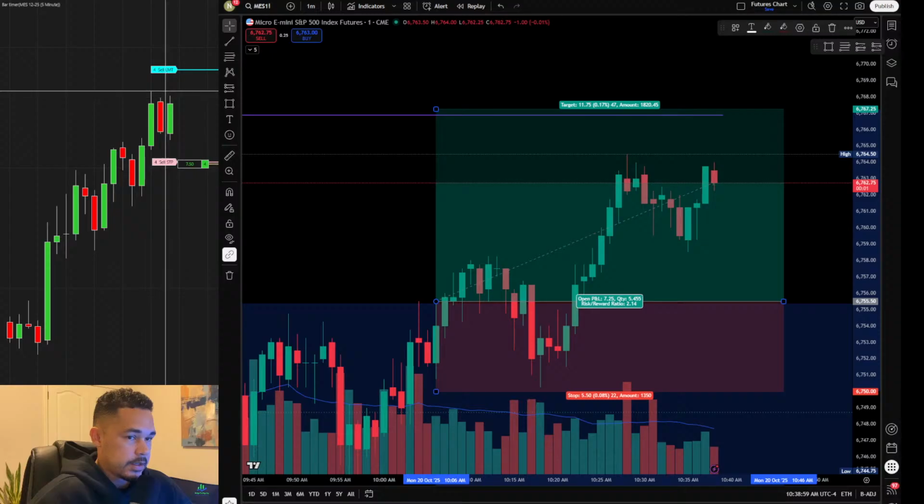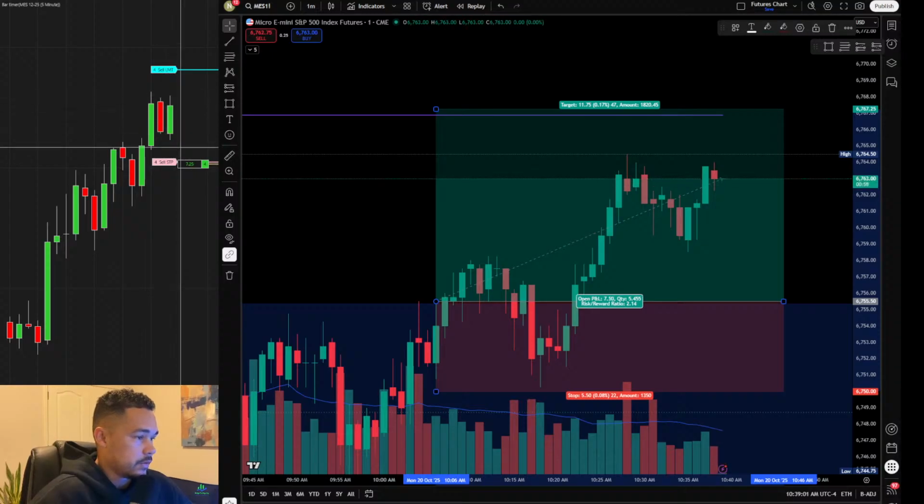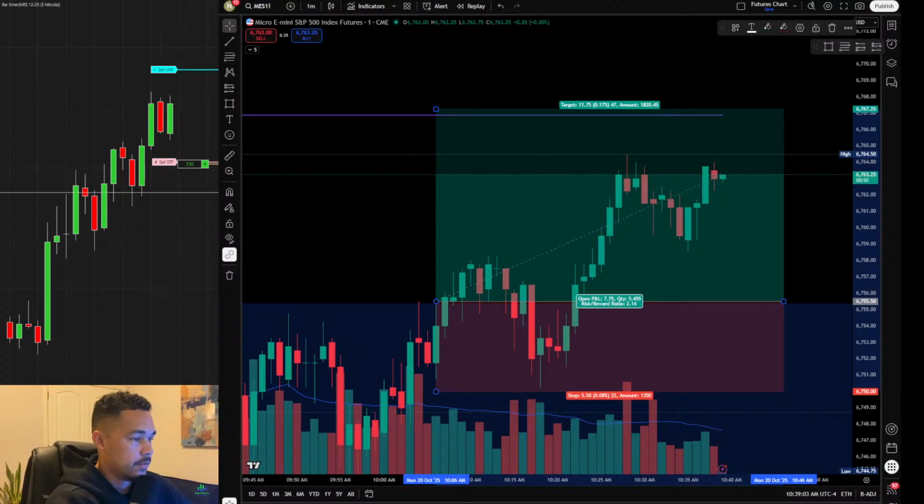But we have to move past this current high. So let's see if we can get there. So we're currently at 67.63. Let's see if we can get a strong bullish push.